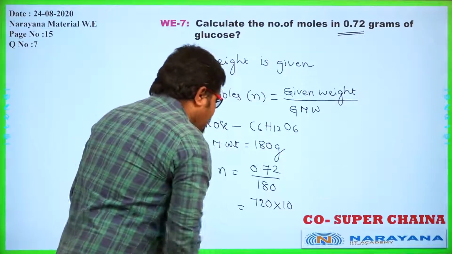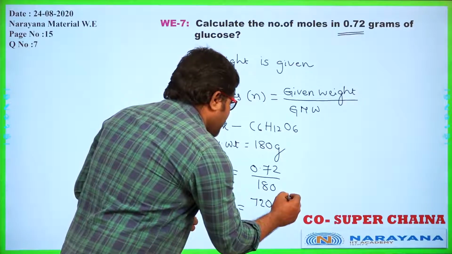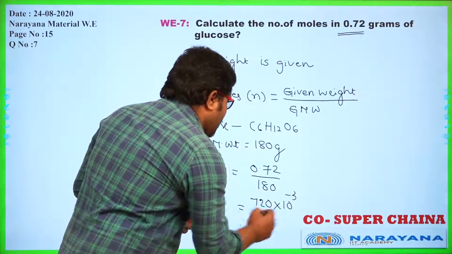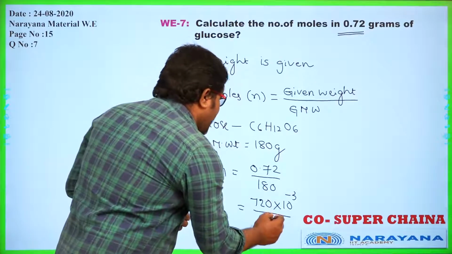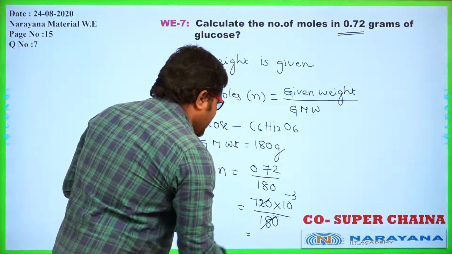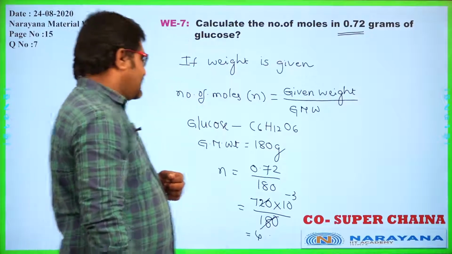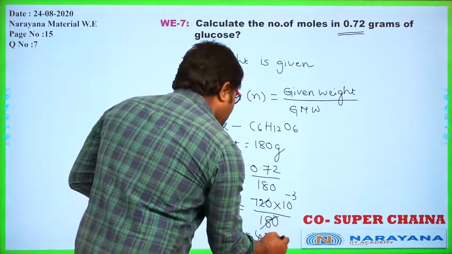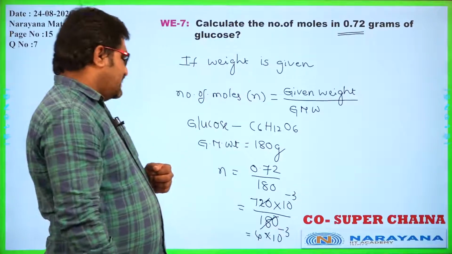Now, 180 can be cancelled 4 times. So I can write it like this: 4 into 10 power minus 3.